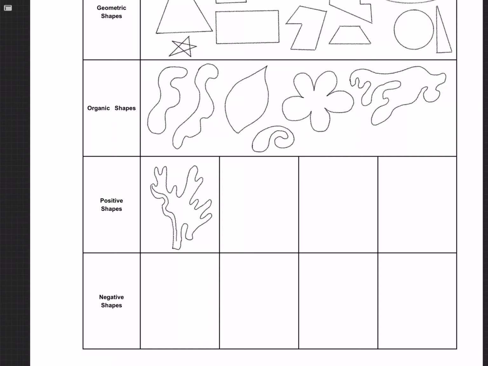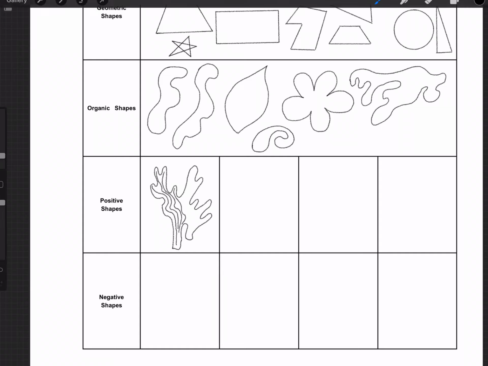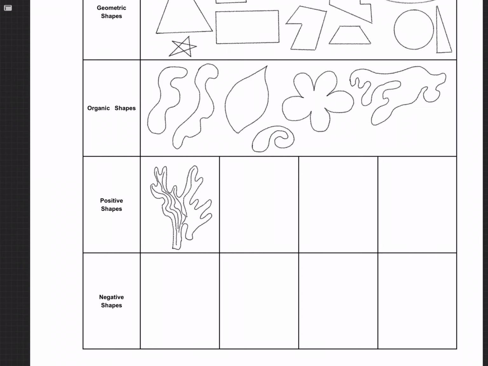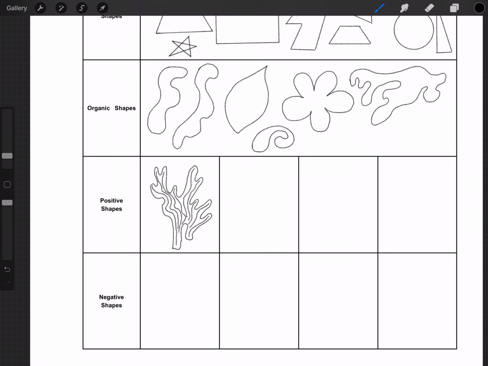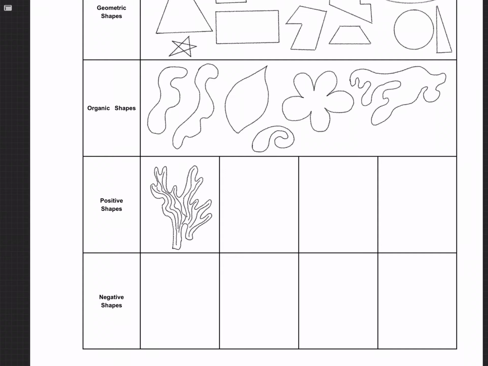It can be an abstract type of shape, or anything you want it to be. The mere fact that you are emphasizing what you see inside the shape, or let's say you might want to color it, means that entire shape is going to be a positive shape.